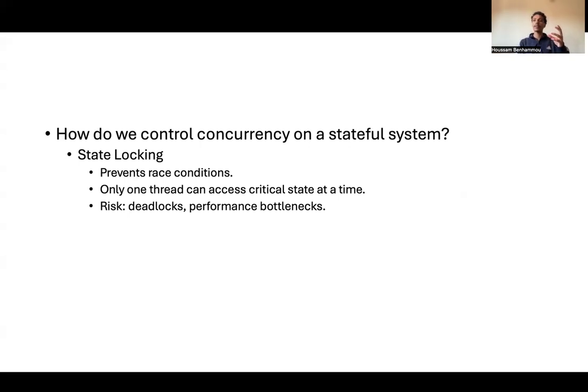So assuming that we have two threads trying to access two variables, A and B, and the first thread accesses variable A first, and the second thread accesses variable B first. And they need to complete their processes, so they need to access the other variables. So the first thread will need to access variable B, which is locked by the second thread, so it will wait for the second thread to finish.